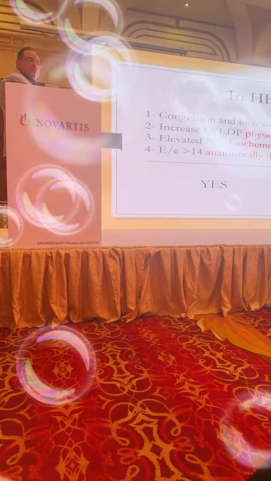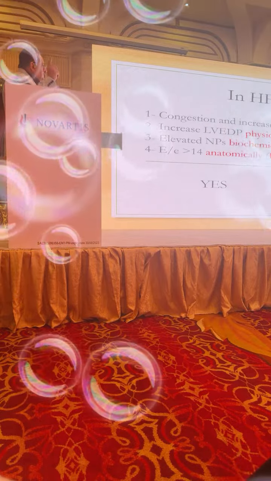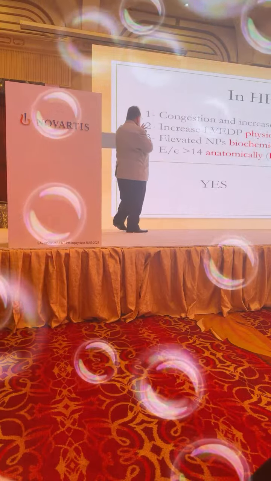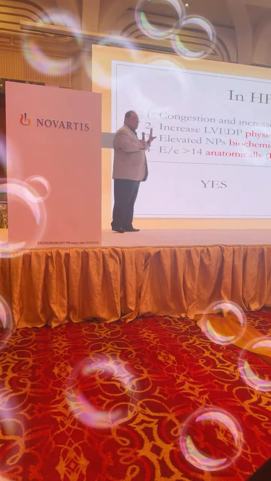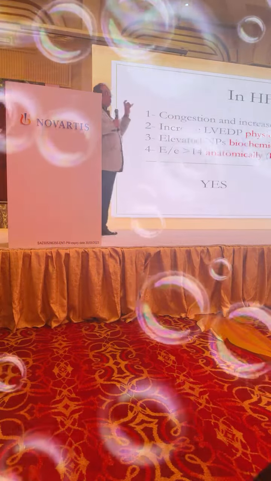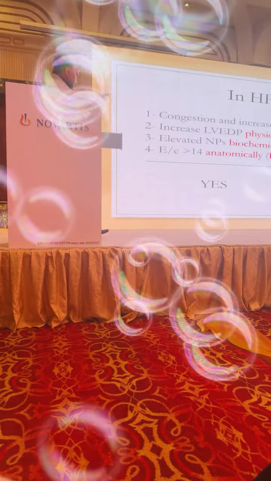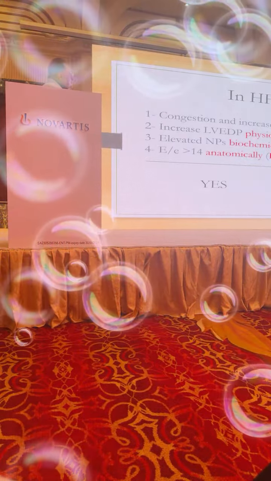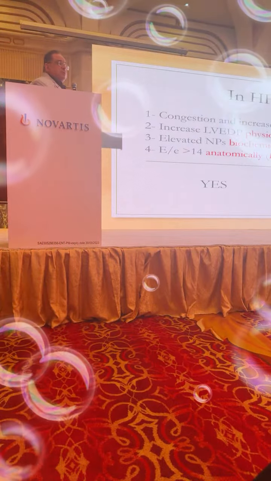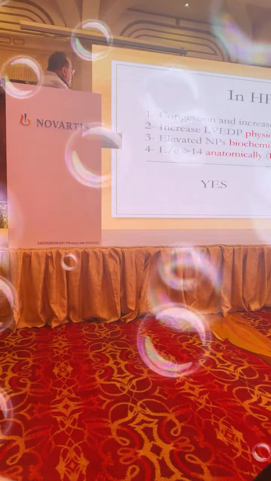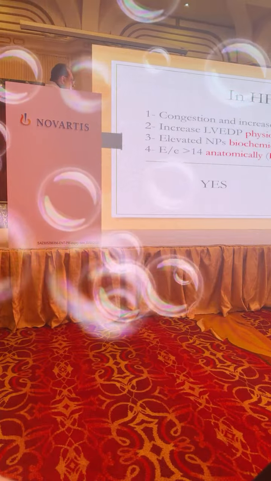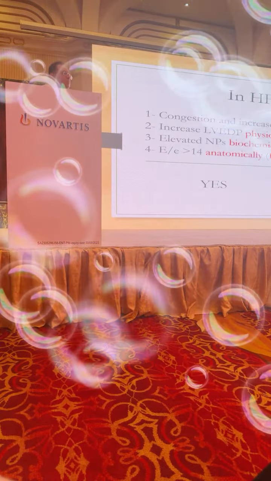Second one is a very important slide, a very important question. Here, congestion, if you rate it 1, 2, 3, 4, is enough. But just say yes or no. Heart failure with preserved function is congestion and increased CVP clinically, equal to increased LVEDP physiologically, or elevated NT-proBNP biochemically, equal to E/e' ratio more than 13 anatomically or by echocardiogram.